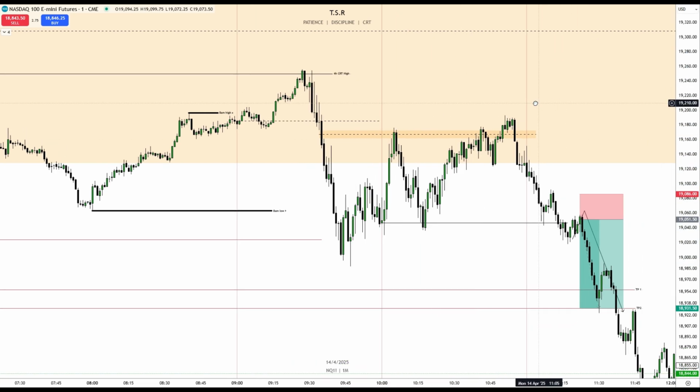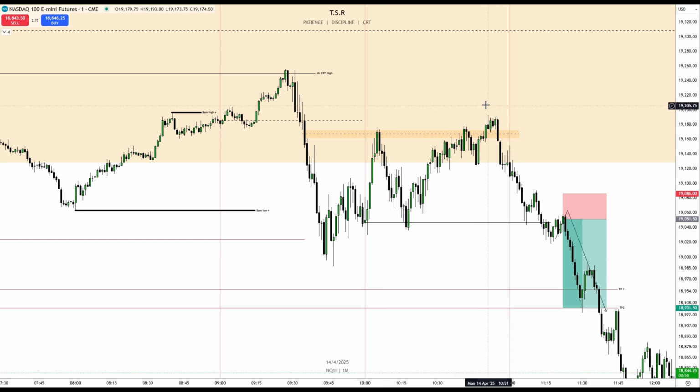On a 15-minute time frame, we have a 15-minute CRT here, and the OTE formed while retracing into the first presented fair value gap. That is a premium, and you want to be selling short in a premium, and we were respecting the 1-hour order block and 15-minute order block to go short.